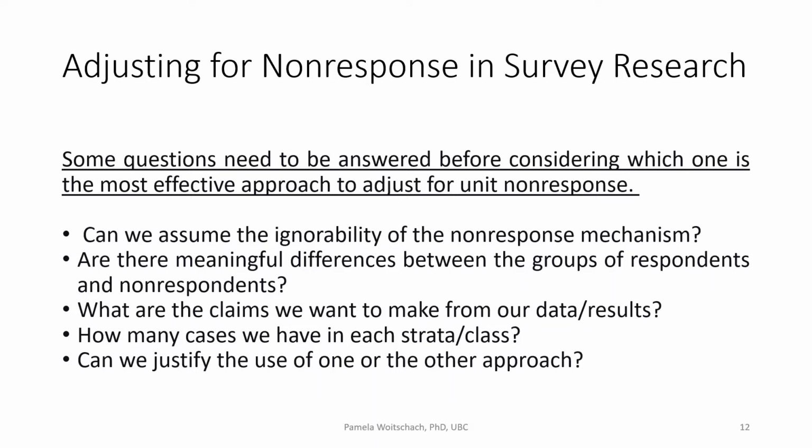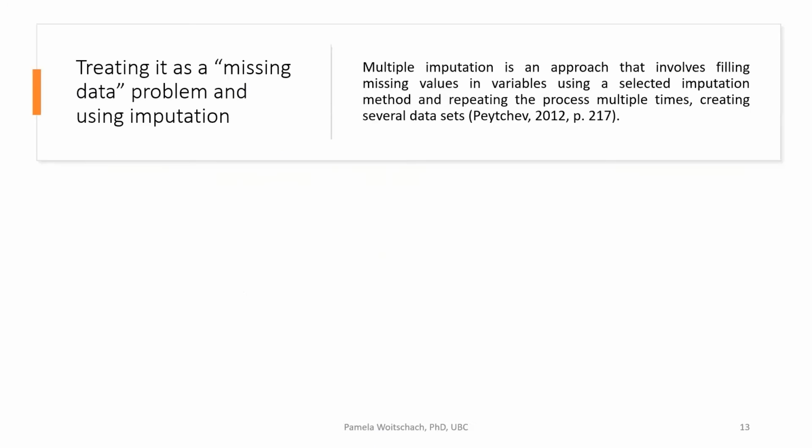Keep these questions in your mind for now. We will try to answer them, or see if we can actually answer them, in order to choose the appropriate non-response adjustment tool. Let's go now to some information about using imputation to treat unit non-response.